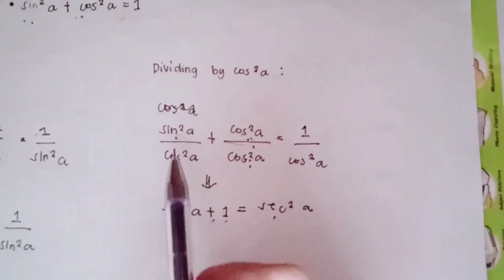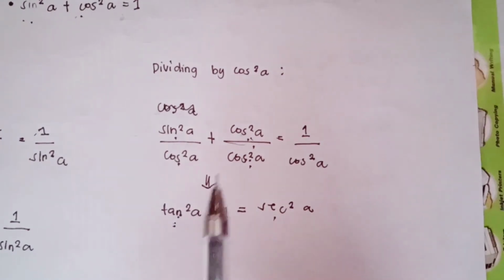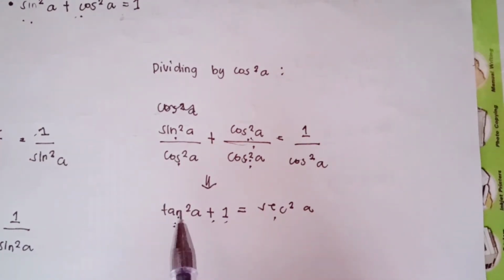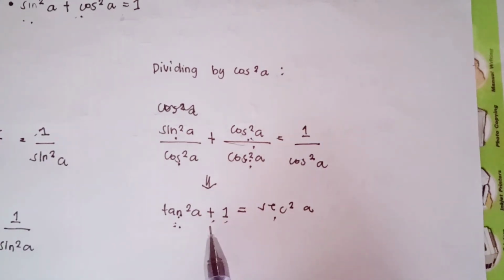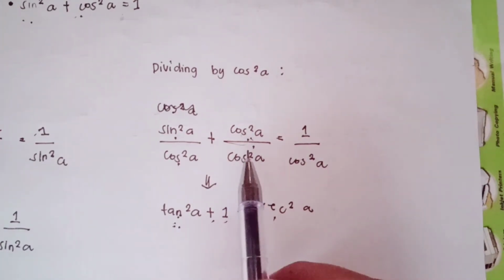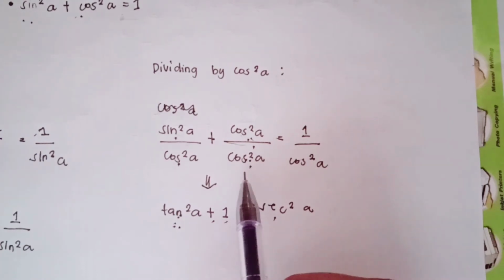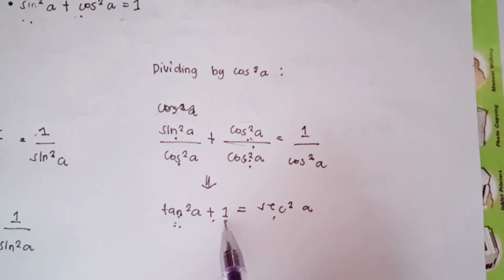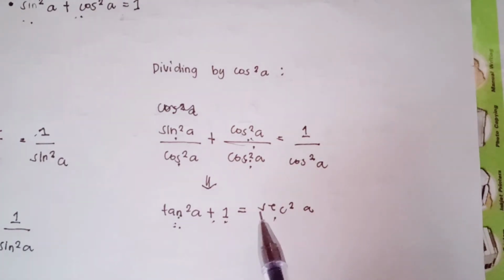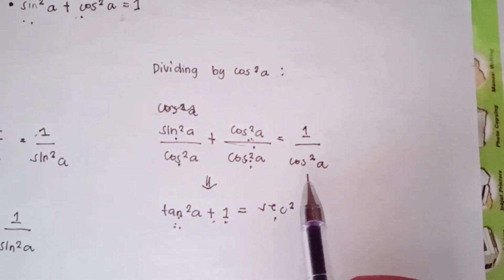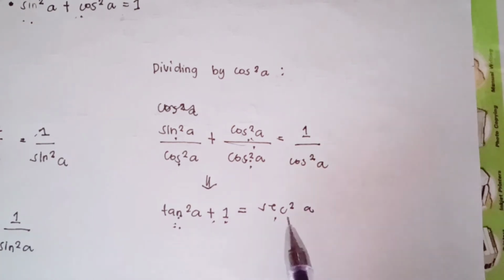So sine over cosine is tangent. On the left side, we have tangent squared alpha plus cosine squared alpha over cosine squared alpha, which is 1, equals, remembering that 1 over cosine squared alpha is secant squared alpha.